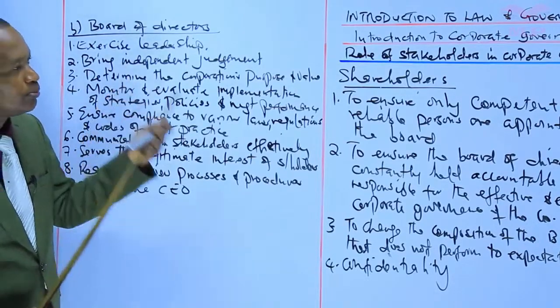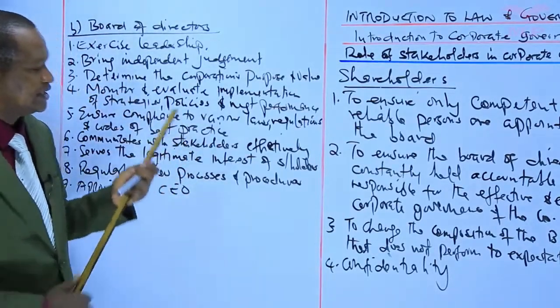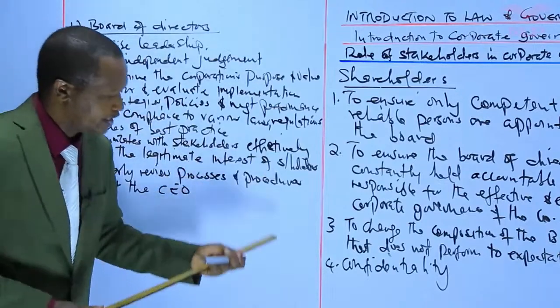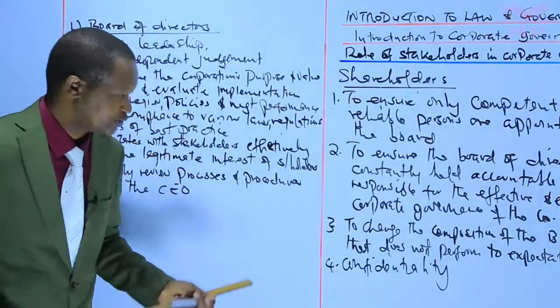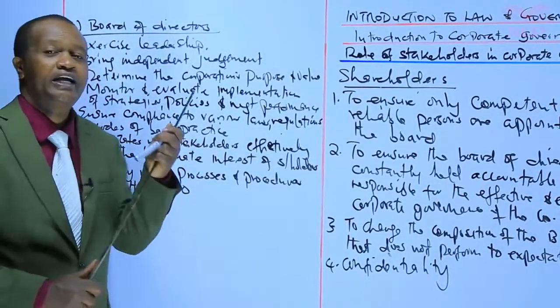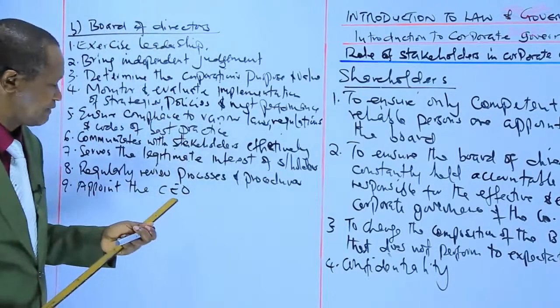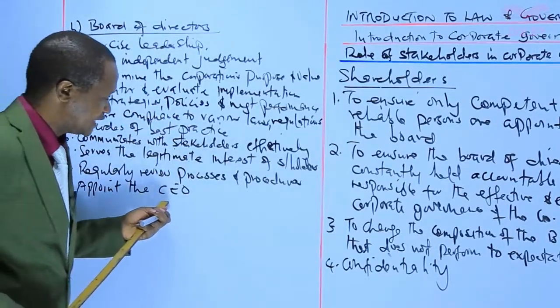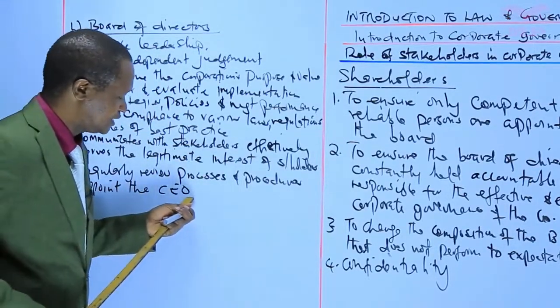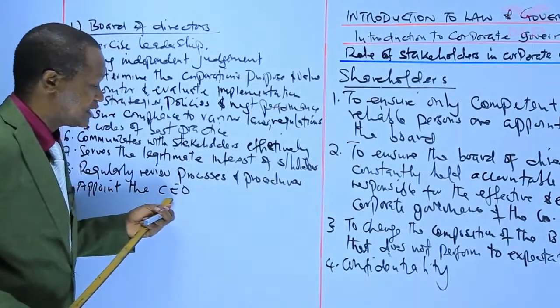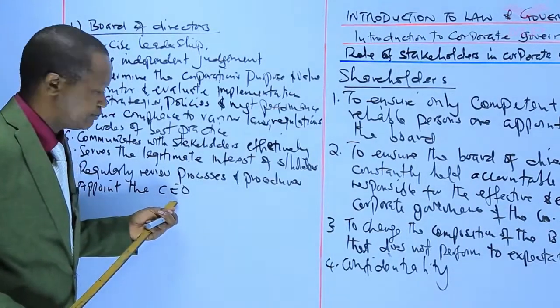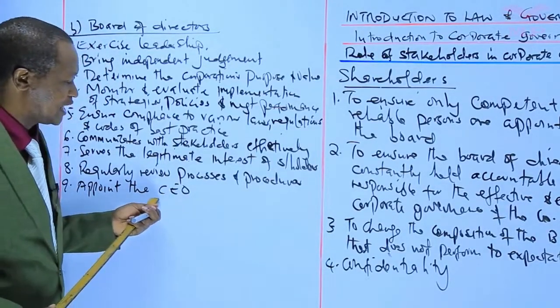Remember, candidates, corporate governance refers to the way in which an organization is managed and directed. The chief executive officer of a company plays a key role in proper management of a company.